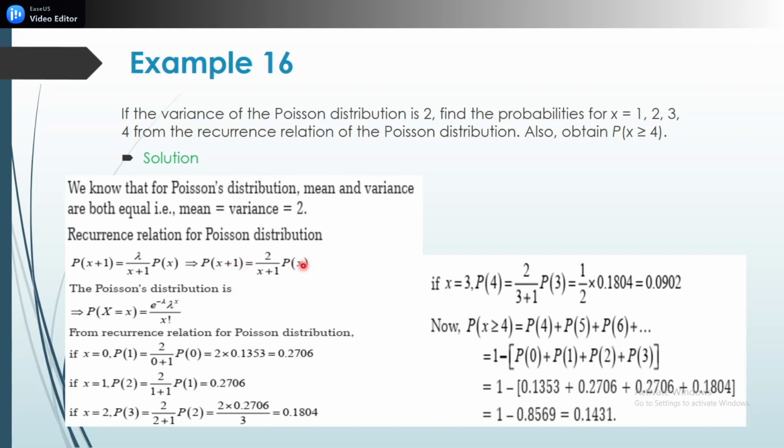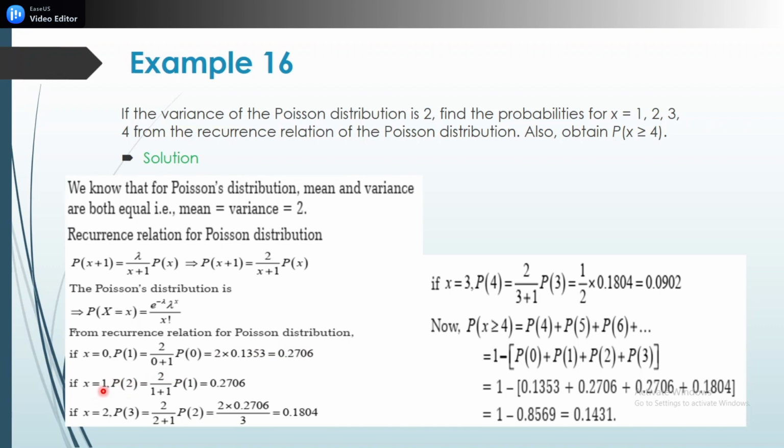The value of lambda is known, 2, and p of 0 is 0.1353. When we make the multiplication, we get this result.